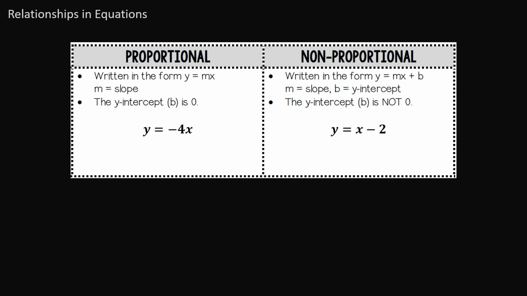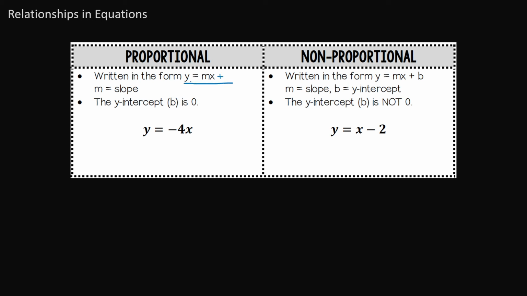And let's look at equations, proportional versus non-proportional equations. So in this case, a proportional equation is written in the form y equals m times x, where m is the slope. The y-intercept in a proportional equation is 0. So technically, here's your equation y equals mx.